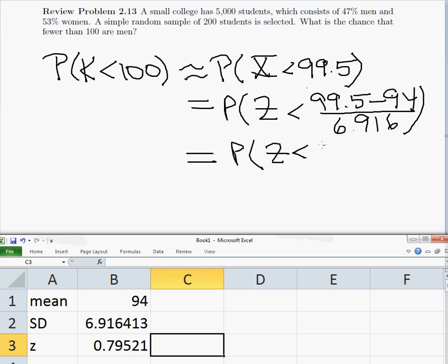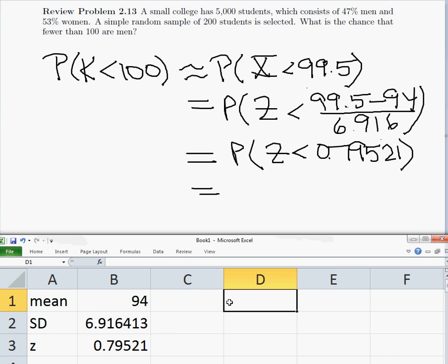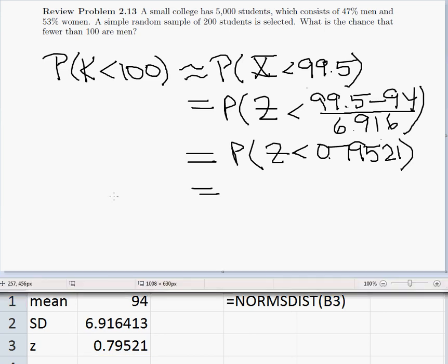And then I either use Microsoft Excel, or else the table, or else a calculator to figure out the probability. Using Excel, the command would be normsdist of the number that we just got, 0.795. That returns the area to the left, and that of course is exactly what I want in this problem.